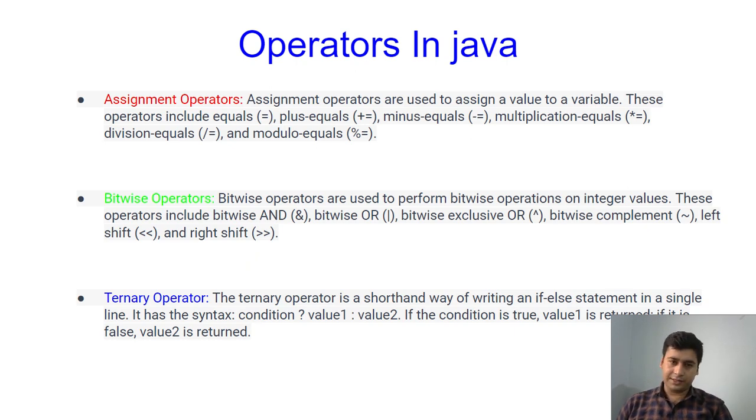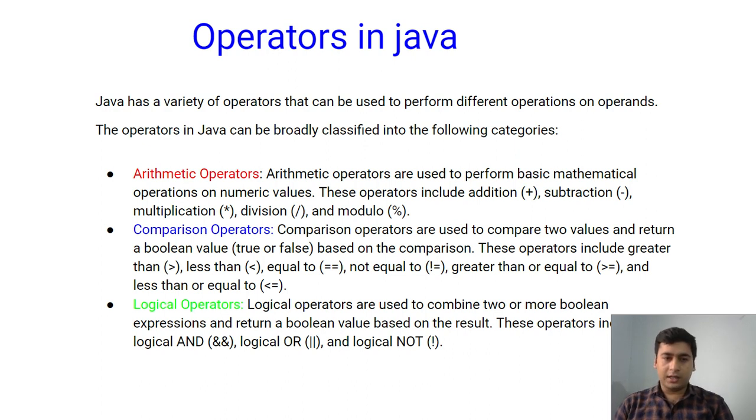What is an arithmetic operator? Arithmetic operators are the simple operations you do in math, like addition, subtraction, multiplication, division, and percentage. Those we can consider as arithmetic operators.